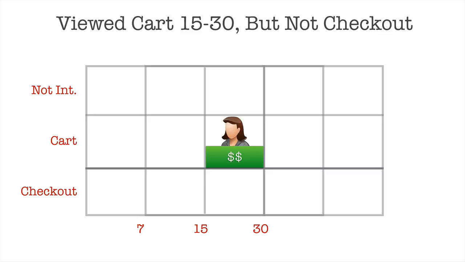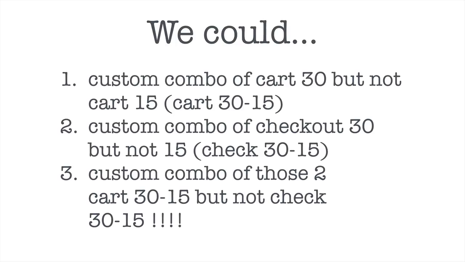The second custom combo was to create the box underneath that. The checkout 30 but not checkout 15 is the box directly underneath our little graphic there. And then the last custom combo says top box but not the bottom box. Take that cart 30 minus 15 custom combo and combine that with our checkout 30 minus 15 combo.